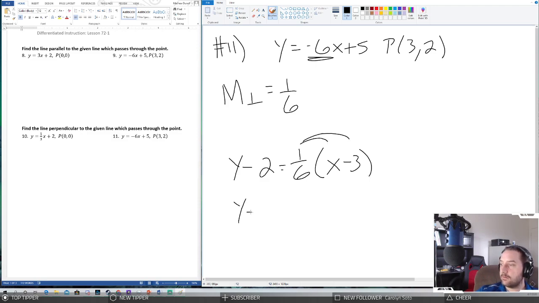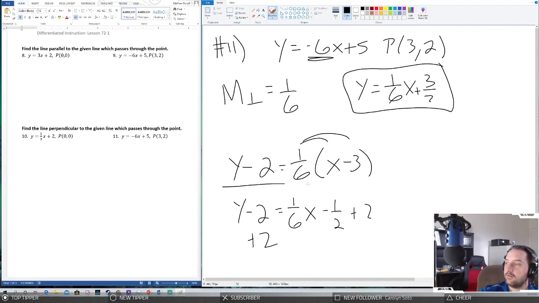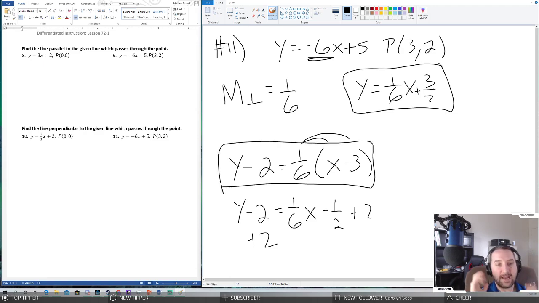Distribute that. Add 2. Actually, I'm doing a lot of extra work that I don't need to do, I just realized by looking back at the question. Long story short, it just says find the line perpendicular. This could be it. It doesn't ask which type of equation, so that works. All right, so let's go back to number 5.